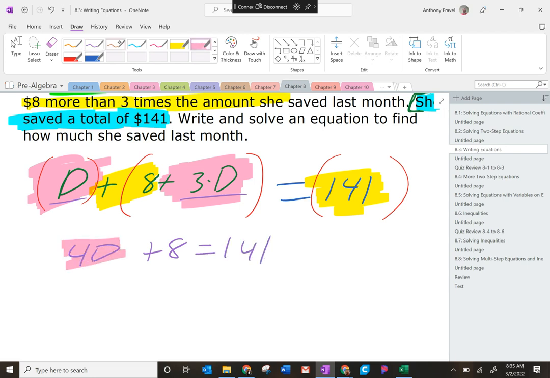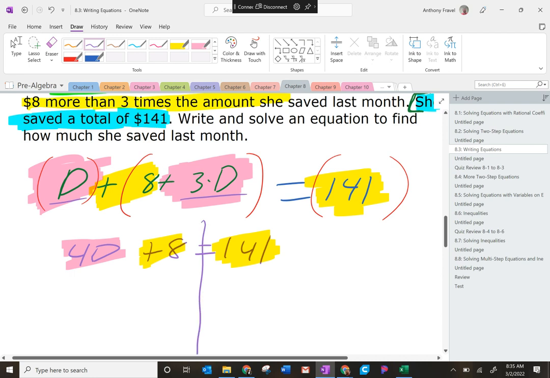Okay, that one's pink. That's supposed to be yellow. This one's yellow. This one's yellow. I'm going to combine those like terms. They're on opposite sides. So minus 8, I get 4D equals 133.